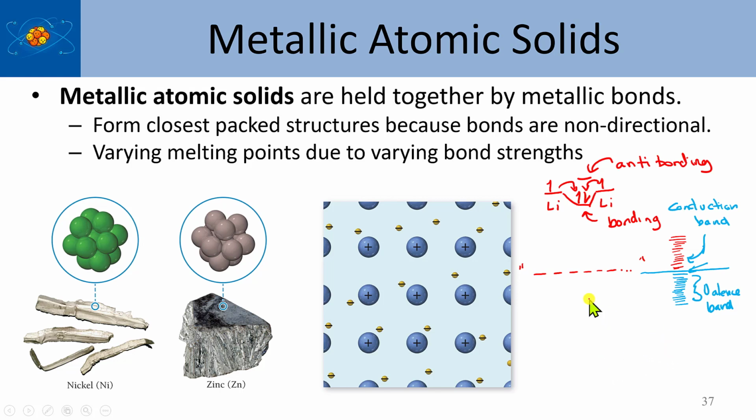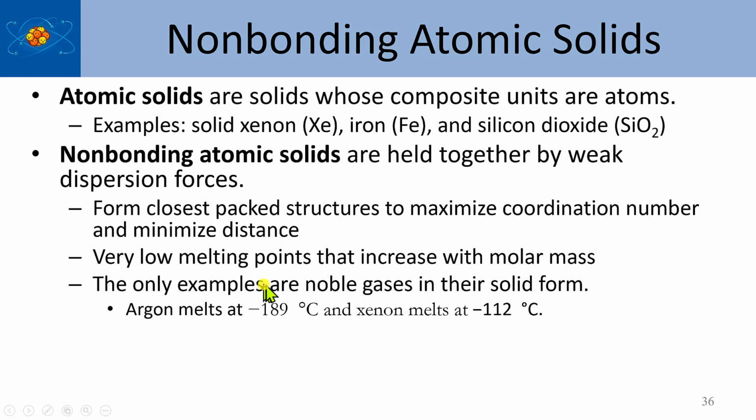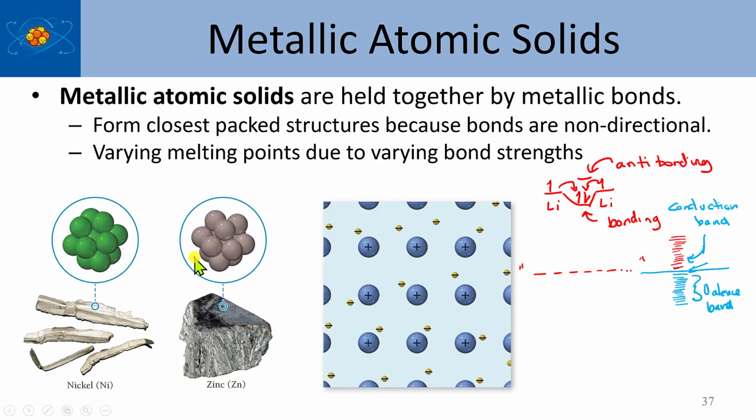Now, metallic bonding strength is pretty variable, and so there are a lot of different melting points you can get. But in general, metals are conductive because there's very little difference in energy between the valence band and the conduction band.